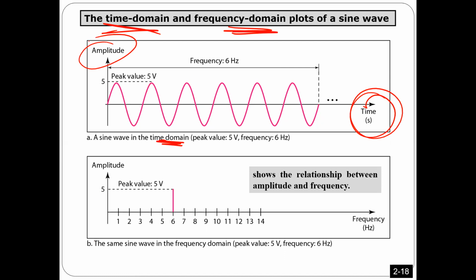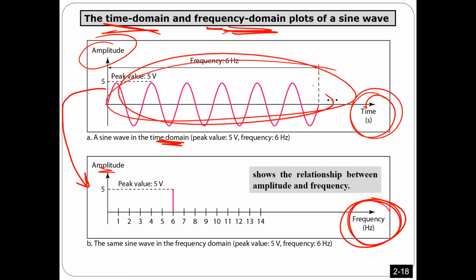The same signal, I can represent it in a different way. In the other way, I call it frequency domain. In frequency domain, as you see here, the x-axis is going to be frequency, not time, and the y-axis is going to be the amplitude. And this signal is going to be represented by only one spike.